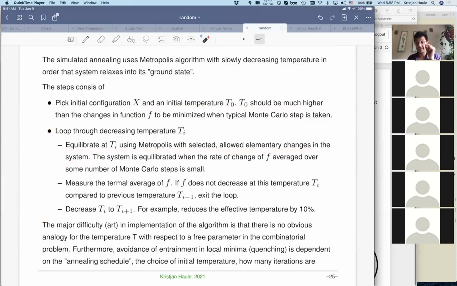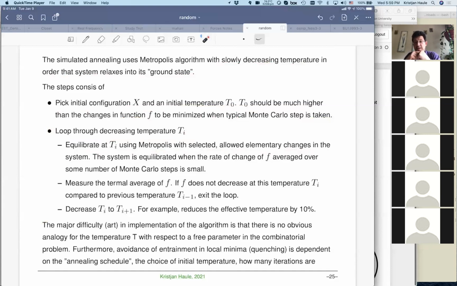In other words, you have to invent some steps with which you're going to make moves. And that's actually the hardest part of the problem. So once you know good moves for your problem, then you know that you're going to efficiently find a global minimum.